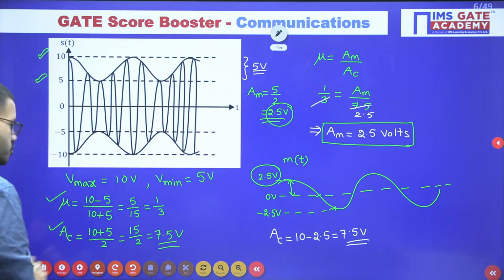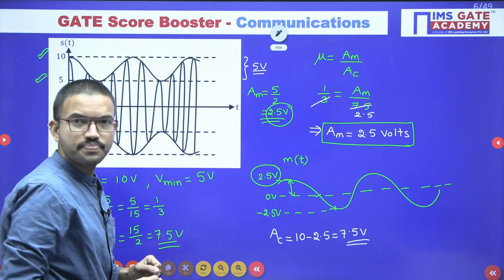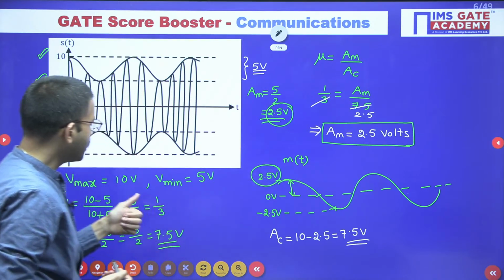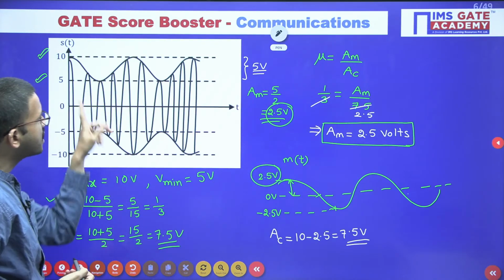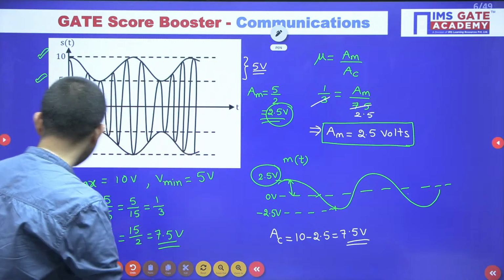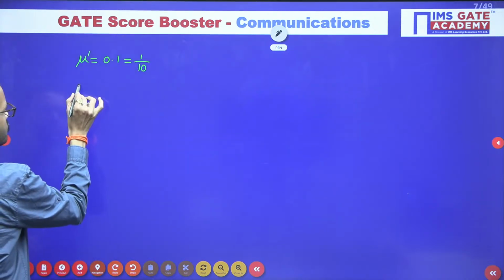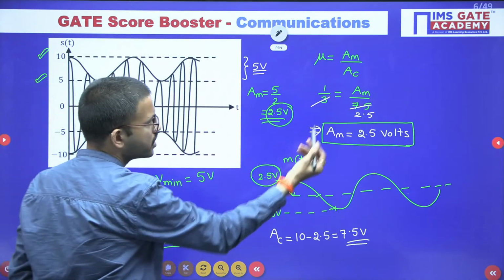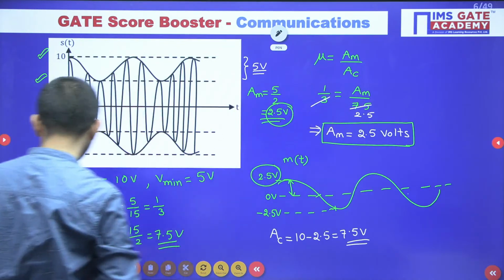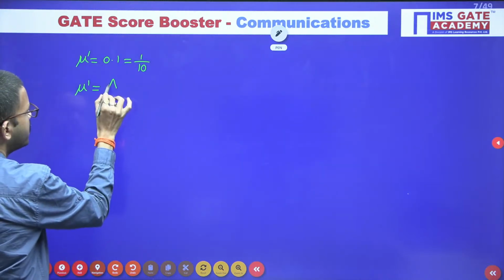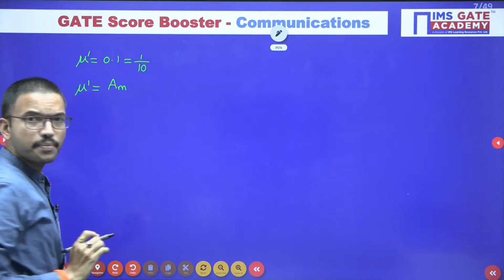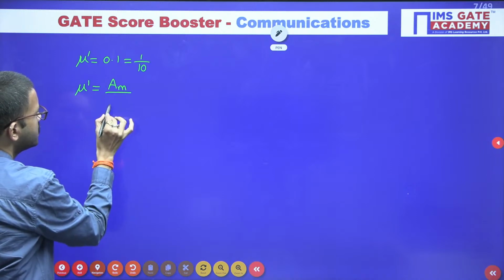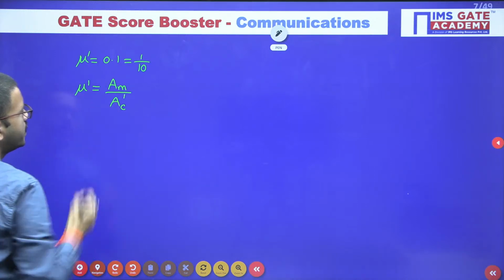That is the question, right? So the AM value will remain the same, because here we are varying the modulation index through the carrier signal amplitude. So for mu dash, the same formula we just got, AM by AC, I am going to use. But here AM remains the same, and the AC value we are going to change.